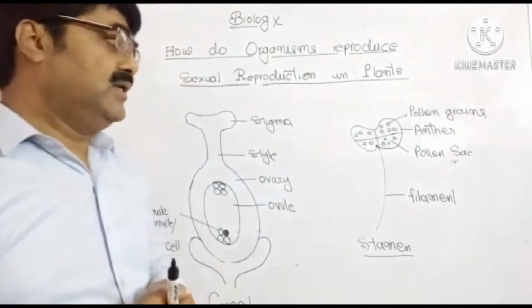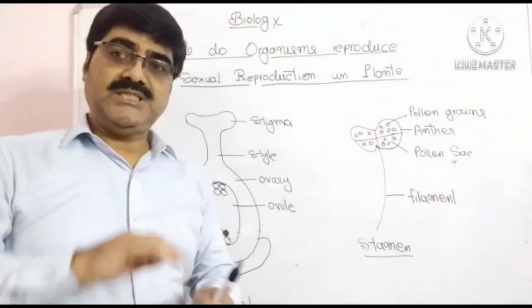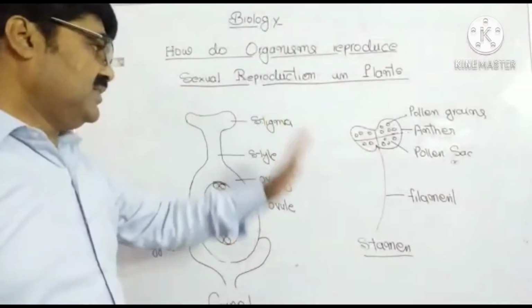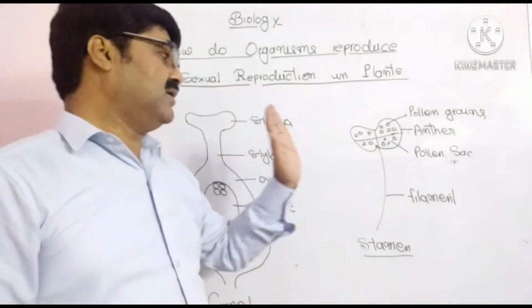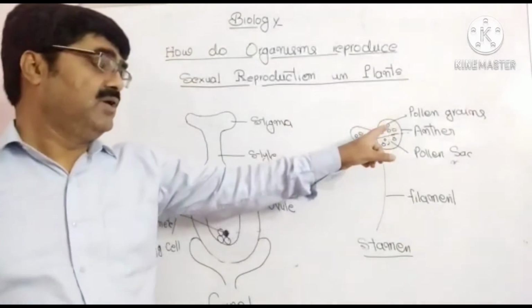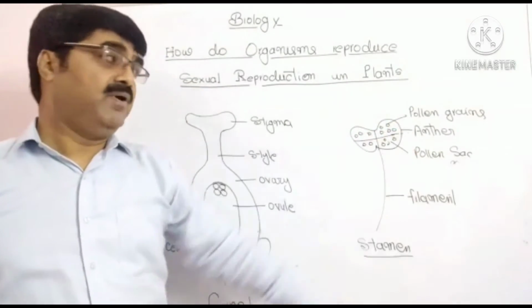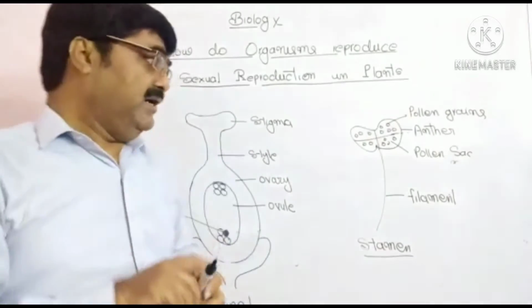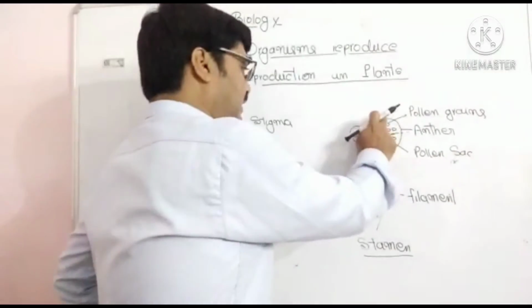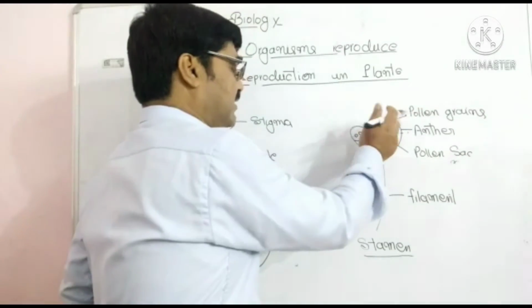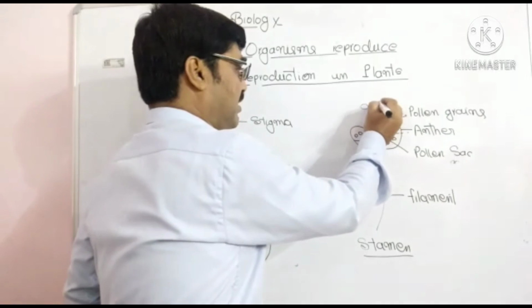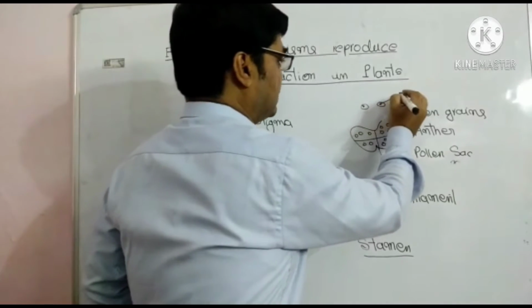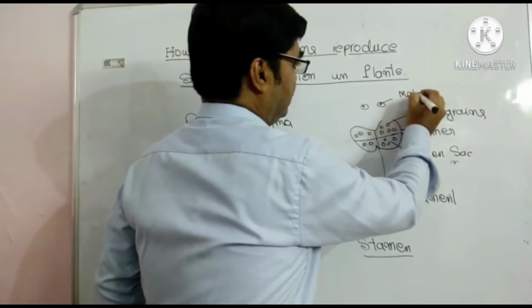Okay, now how does the process of reproduction start? In actual, the process of reproduction starts with the production of pollen grains. Pollen grains are produced in the anther and when it matures, this anther ruptures and these pollen grains come out. And the nucleus of the pollen grain is called male gamete.